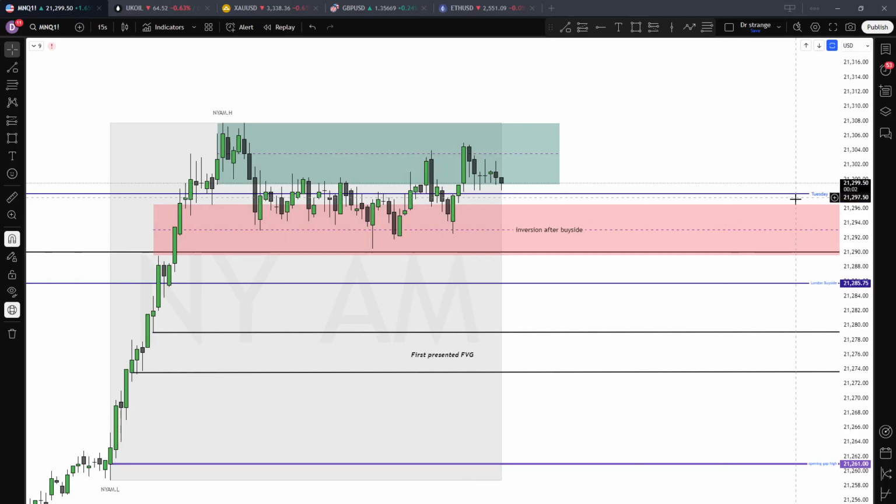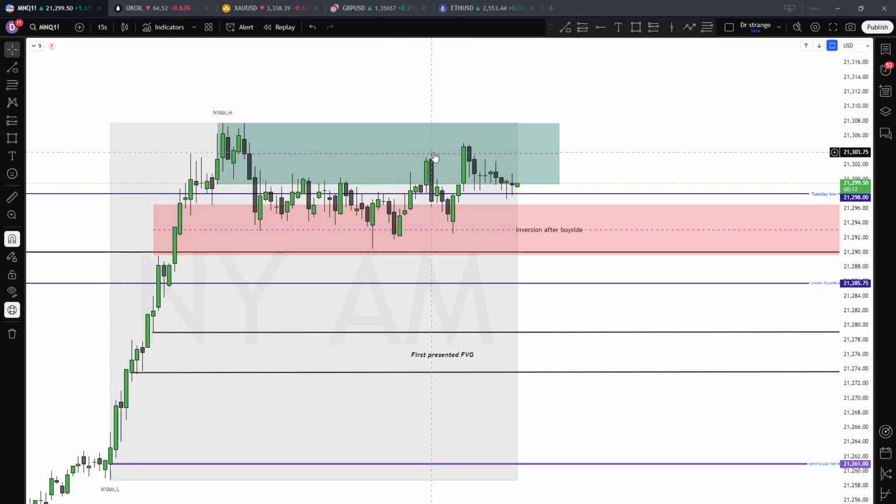Tuesday's low. We move from here to here. What we want to see is, do we tap and fly, or do we tap and crawl? The signatures we observe: it is a little retracement, but we want to see momentum. We want to see momentum.